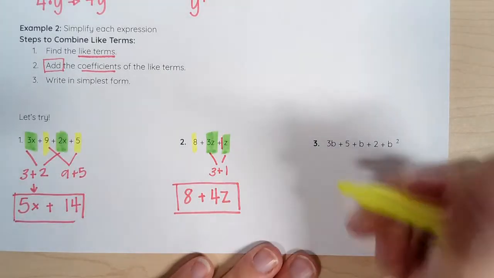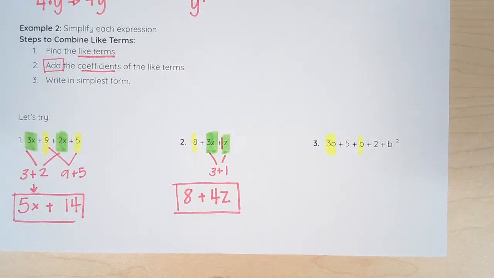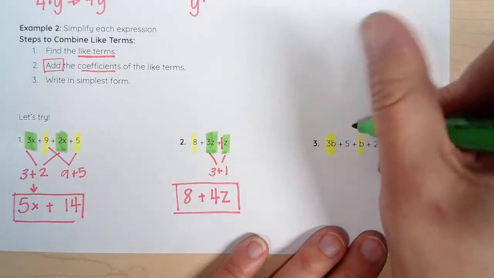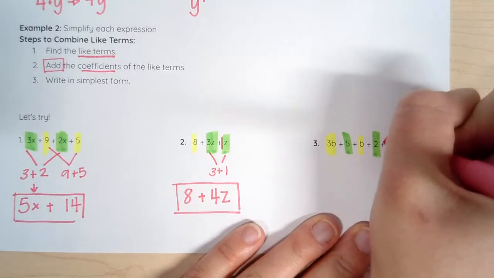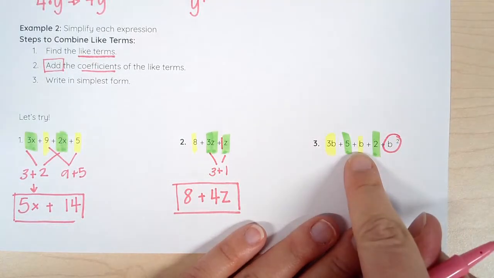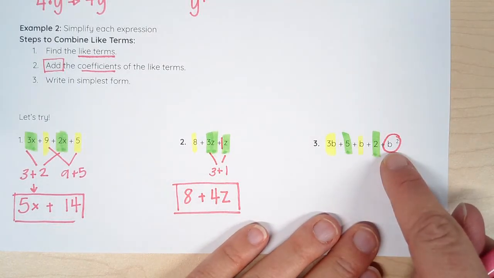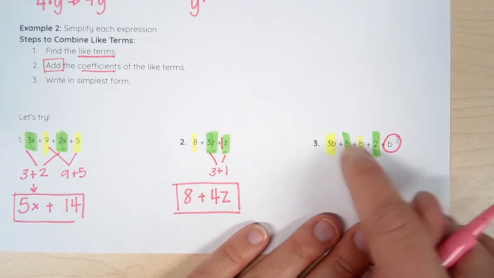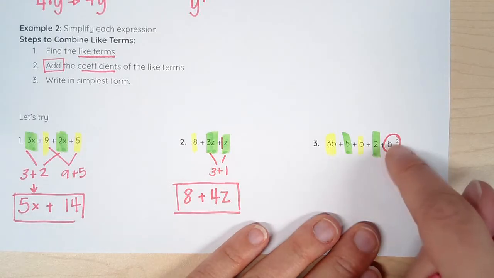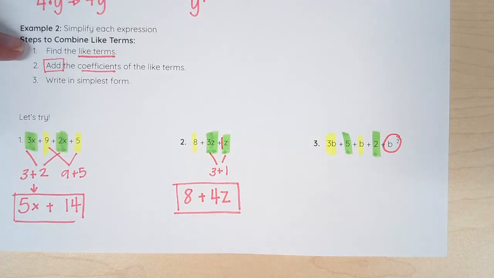Well, 3b and b can be combined. 5 and 2 are both constants, so they also can be combined. b squared cannot be combined with my b and my 3b. b squared is a different variable because it is raised to that second power. So that is not alike with 3b and b. Therefore, it stays by itself.